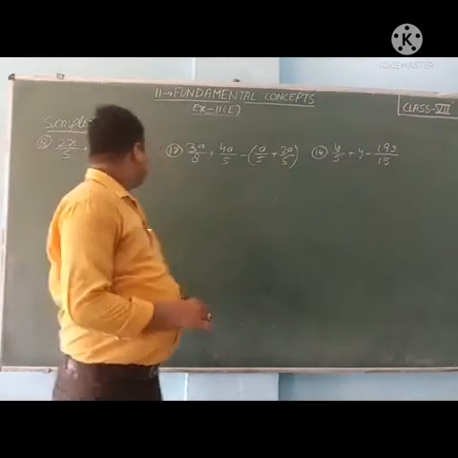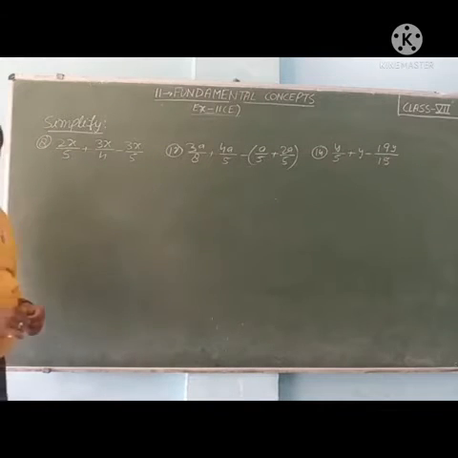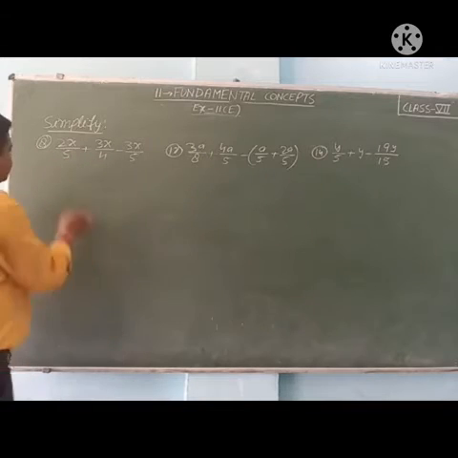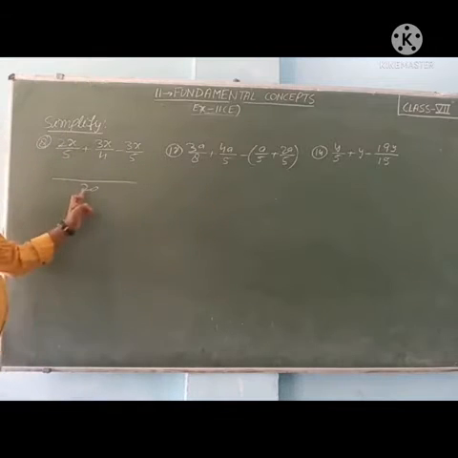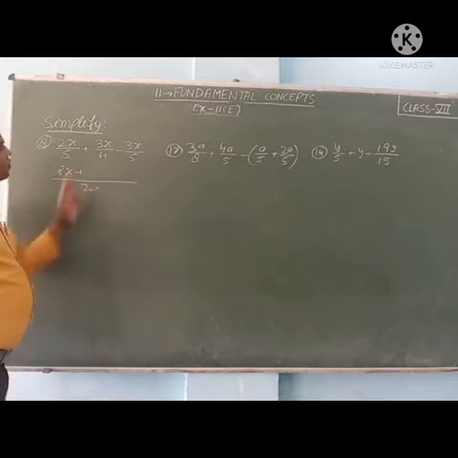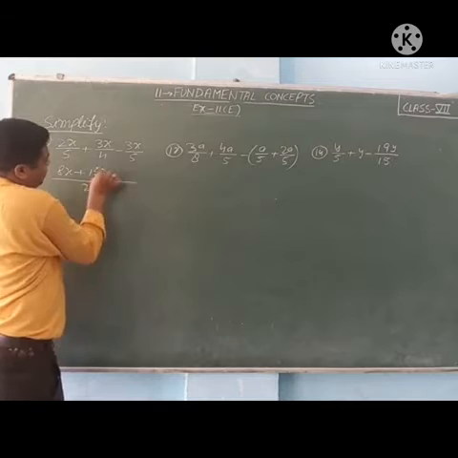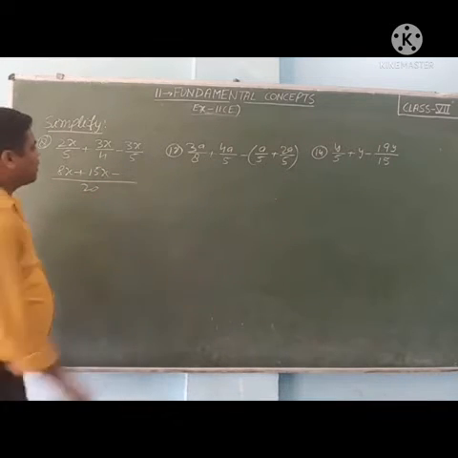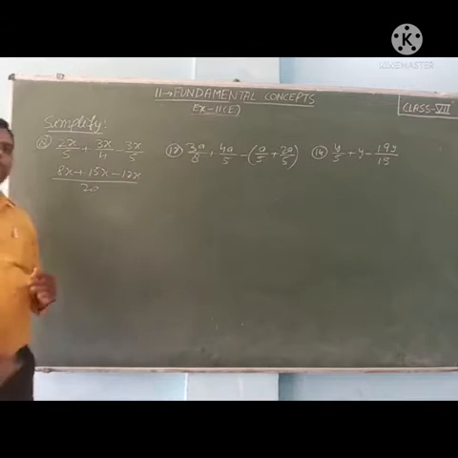See 8th sum. That is 2x upon 5 plus 3x upon 4 minus 3x upon 5. So we will take the LCM of 5, 4 and 5. LCM will come 20. 5 fours are 20, 4 twos are 8x. Plus 4 fives are 20, 5 threes are 15x. Minus 5 fours are 20, 4 threes are 12x. Now we will see positive and negative terms.